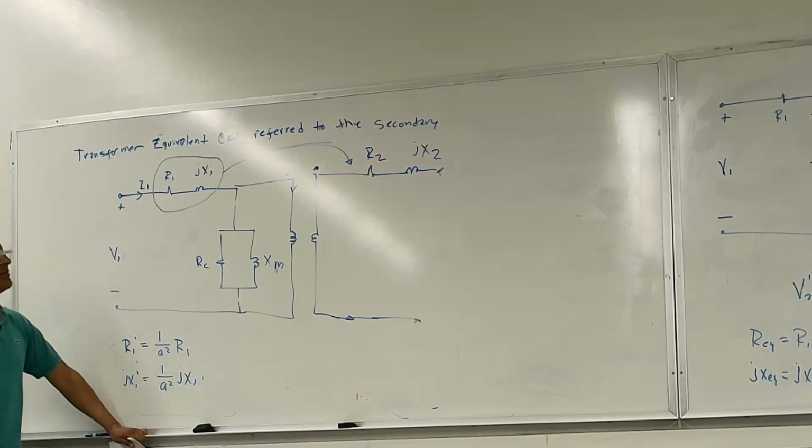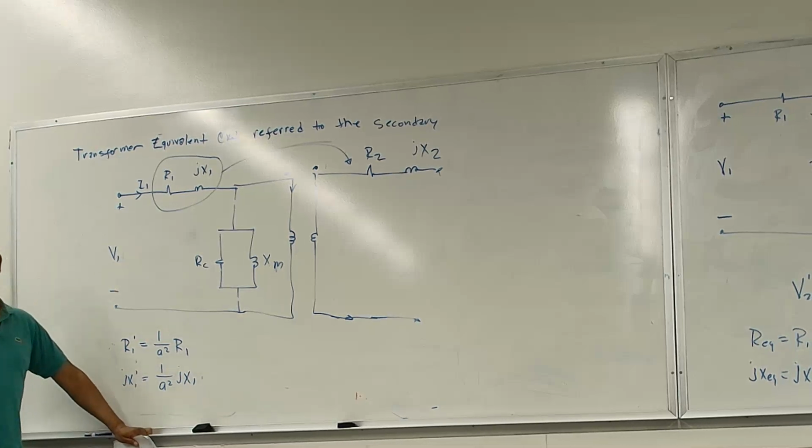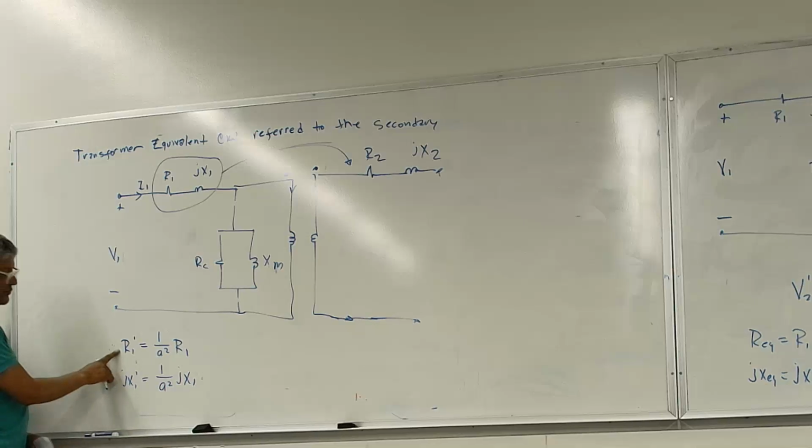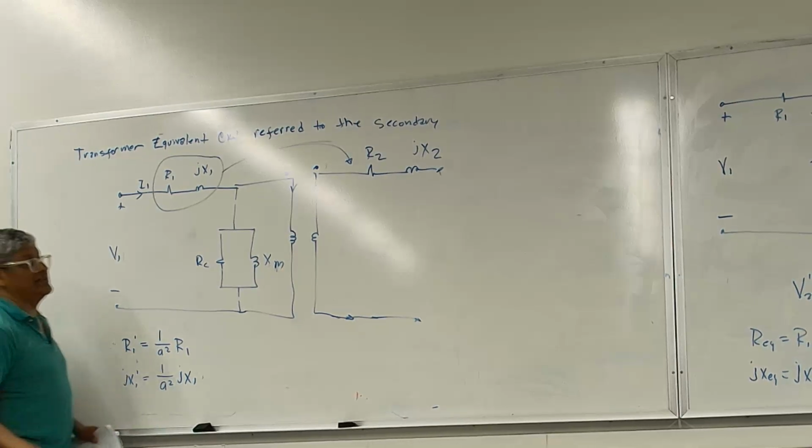But you could, if somebody tells you, hey, can you transfer the excitation branch to the secondary side? Sure. All you do is you multiply those values by 1 over A squared, and then you transfer it the same way you did with the primary resistance and reactance.